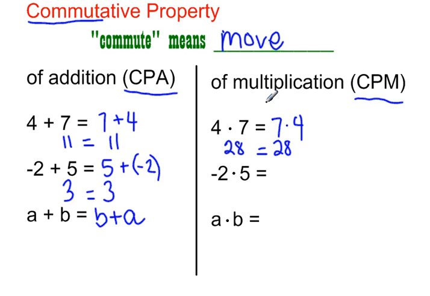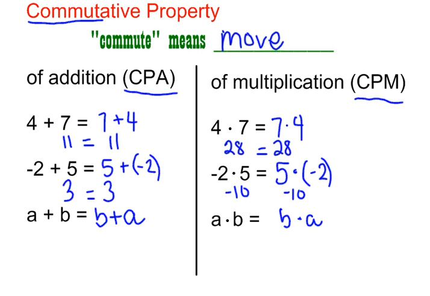So with multiplication, I'm allowed to move the pieces. -2 times 5, well, that's going to be the same thing as 5 times -2. This side is -10, and this side is also -10. A times B, well, that must be the same thing as B times A.